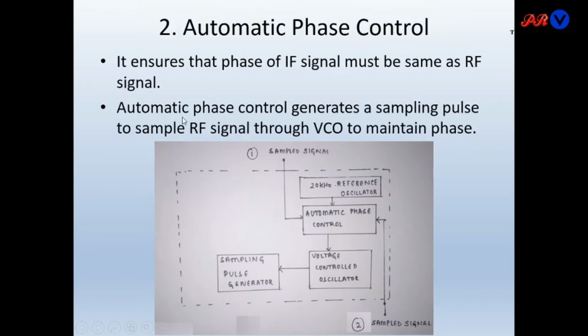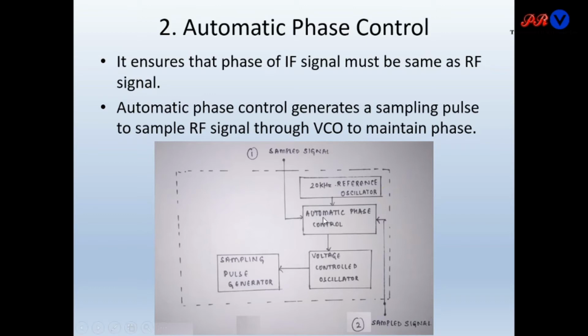So, here automatic phase control is used for generating a sampling pulse to sample the RF signal through VCO to maintain phases. So, these are our two signals whose phase is to be maintained. So, these sampled signals must have the same phase as the RF signal.